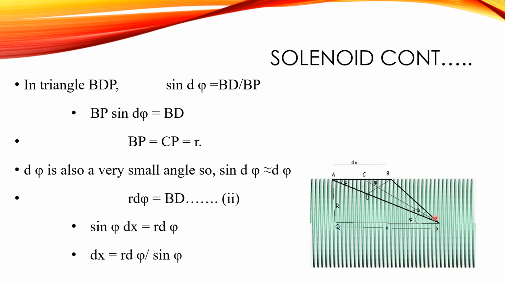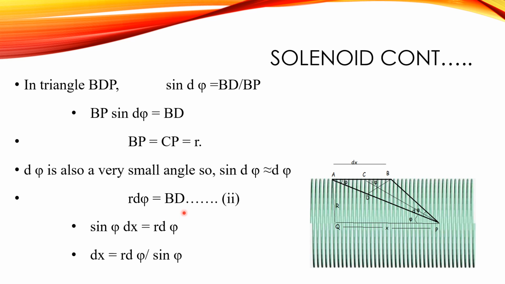BP is around CP and AP, which is exactly similar to the earlier case, that is the straight conductor. So this distance we have taken as R. d phi is also a very small angle, so sin d phi is equal to d phi. Therefore R d phi is equal to BD.